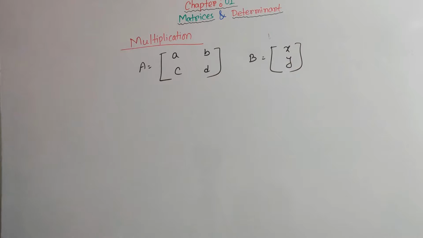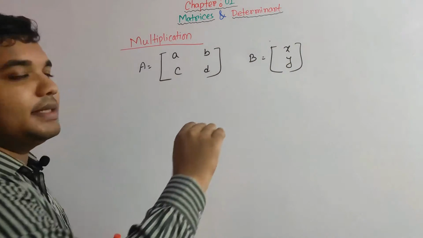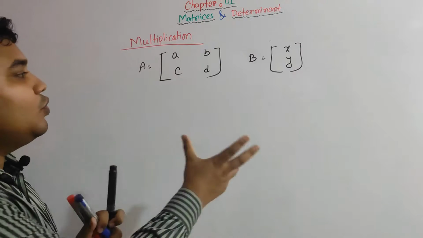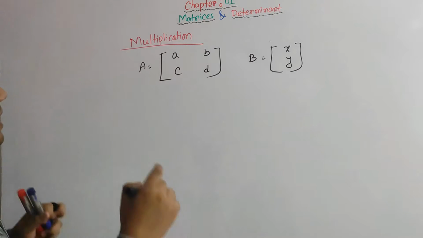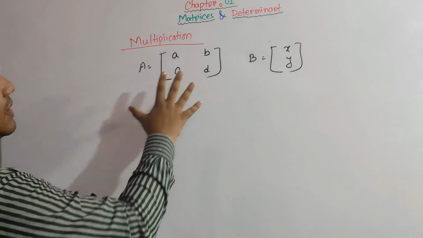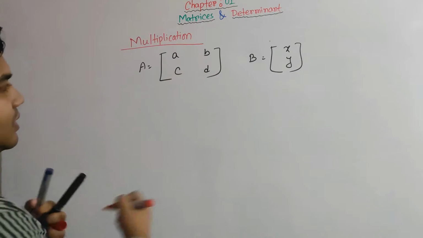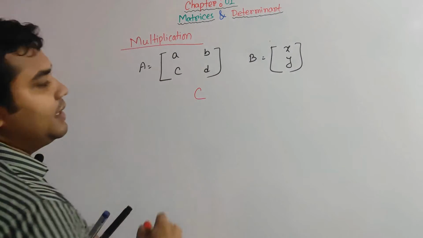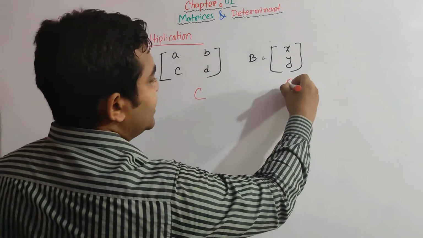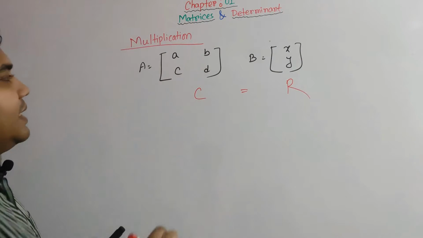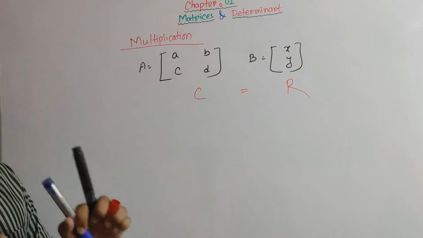First thing: when are two matrices multiplicable, or what's the condition for two matrices to be multiplicable? If the columns of the first matrix and rows of the second matrix are equal, then we can say these two matrices are multiplicable.